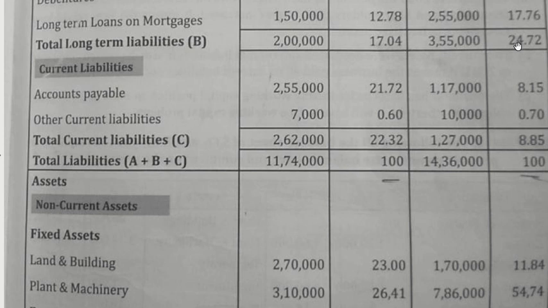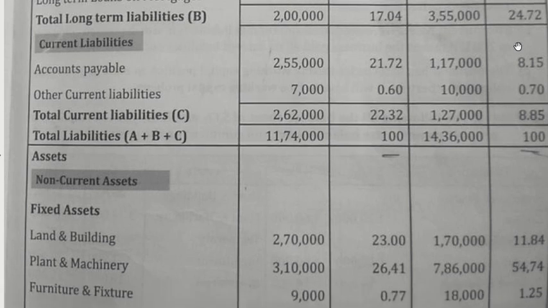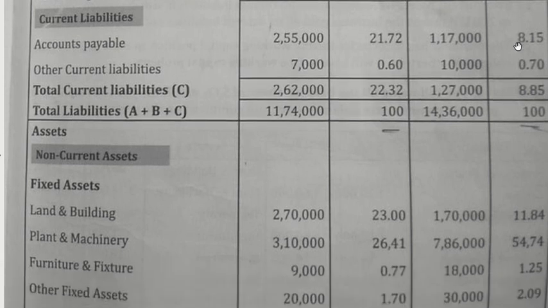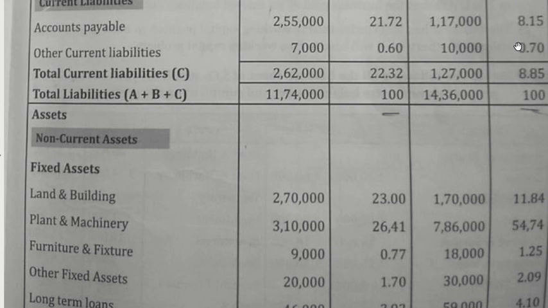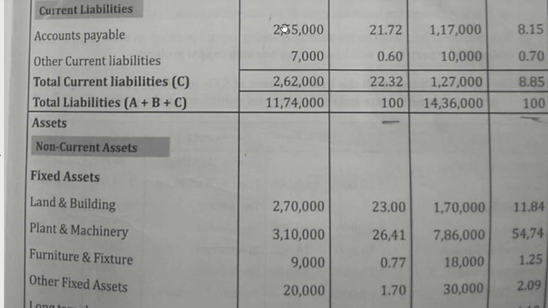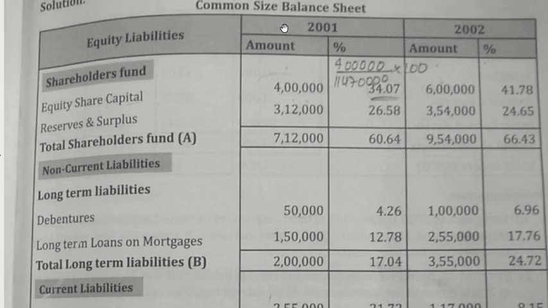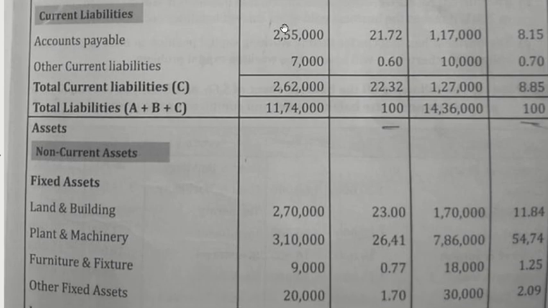You total up your long-term liabilities. Then you move on to your current liabilities, which is accounts payable. Under accounts payable, for the year 2001, you have 2 lakh 55,000 divided by 11 lakh 74,000 into 100, you get 21.72%.